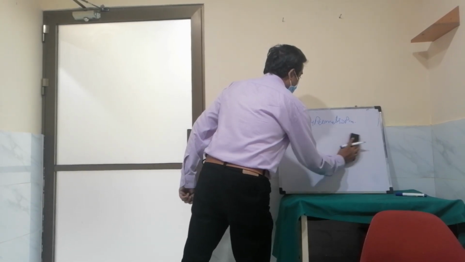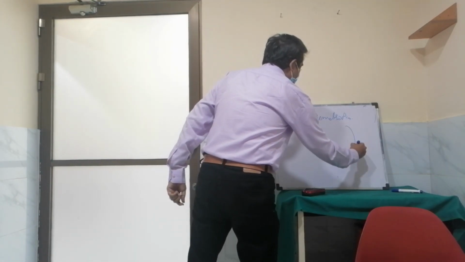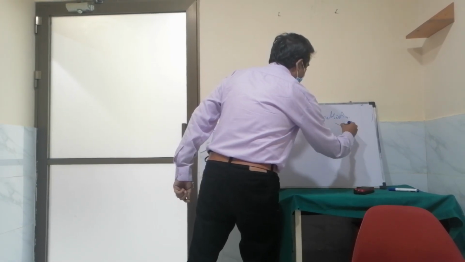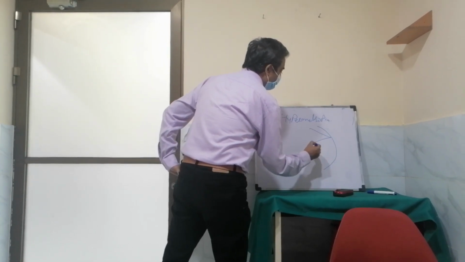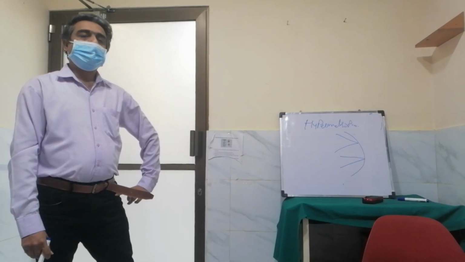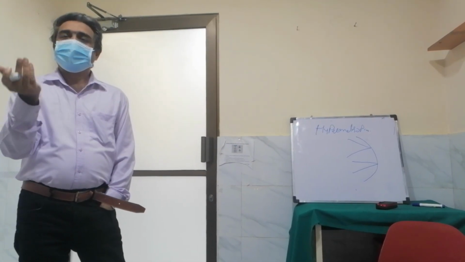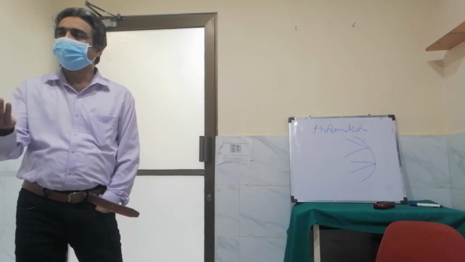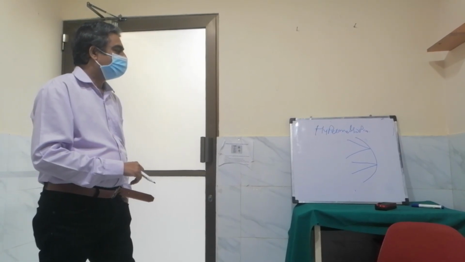Third is the astigmatism. In astigmatism, this is the retina, and two pointed images are formed. Now it can be myopic astigmatism, or hypermetropic astigmatism, or mixed astigmatism in which both hypermetropic and myopic factors are present.